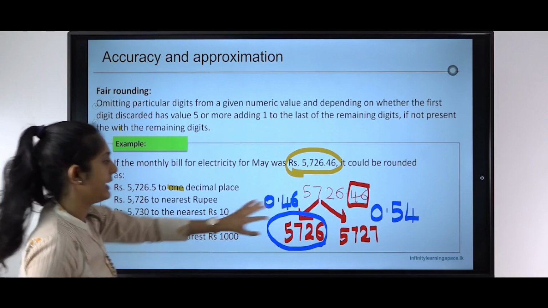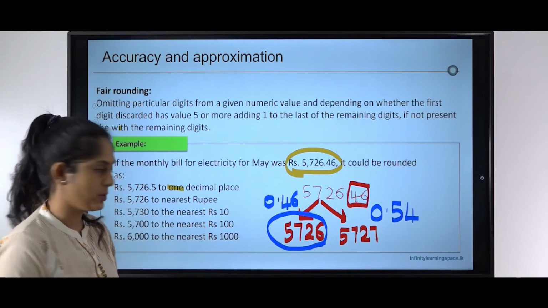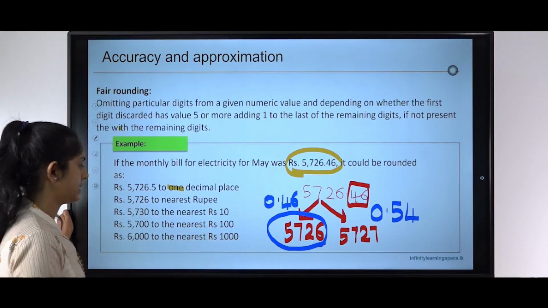So don't take that, take the closer one, which is 5,726. So here it is to the nearest rupee.